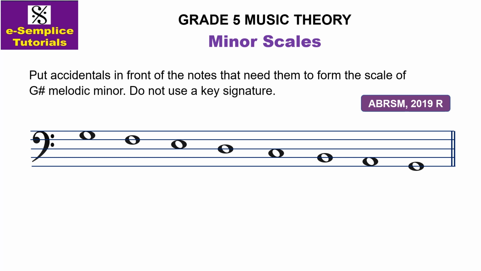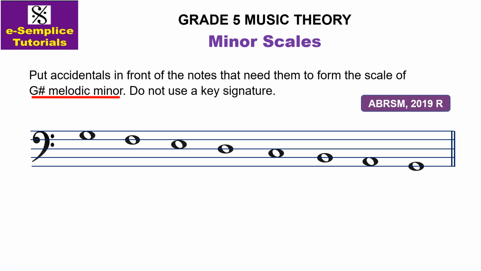Put accidentals in front of the notes that need them to form the scale of G sharp melodic minor. Do not use a key signature. Let's highlight the requirements in the question.